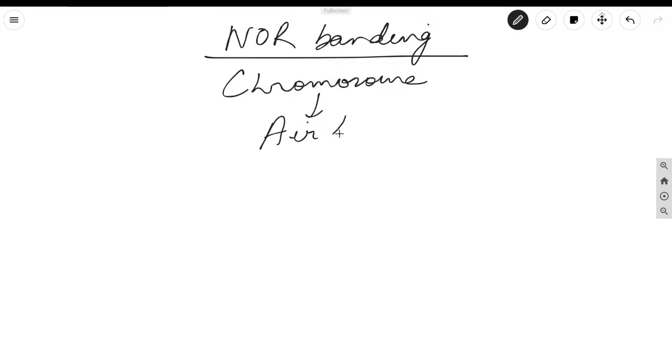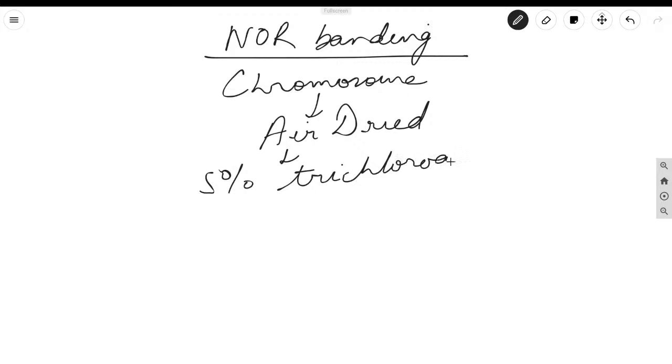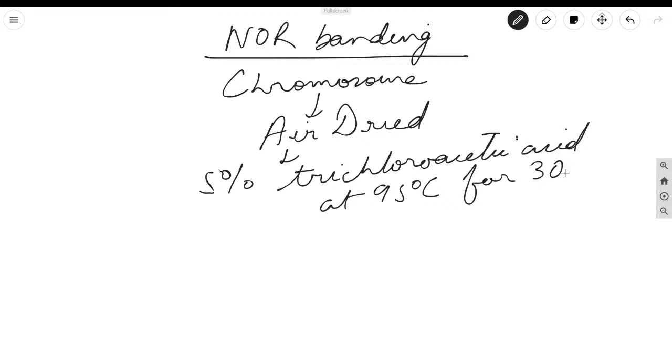Then this is air dried. Then it is treated with 5% trichloroacetic acid, acetic acid at 95 degrees Celsius for 30 minutes.